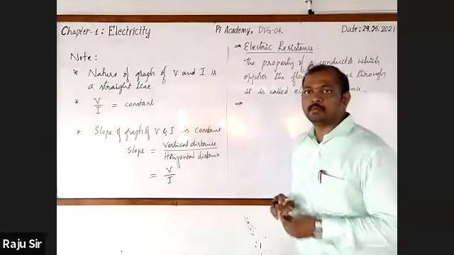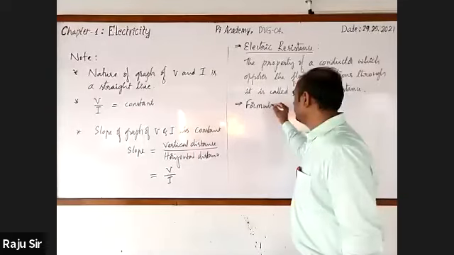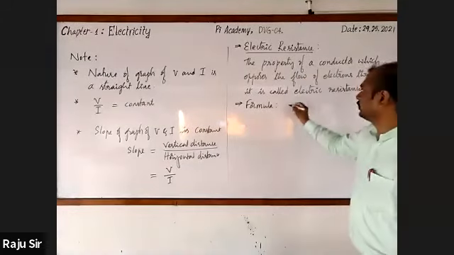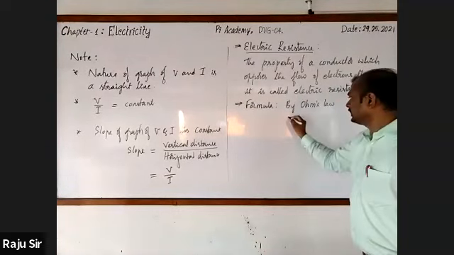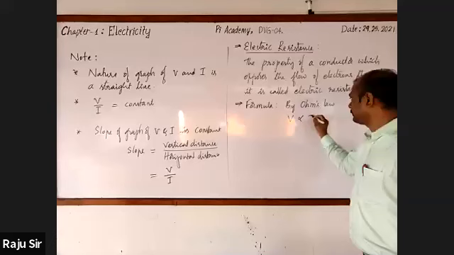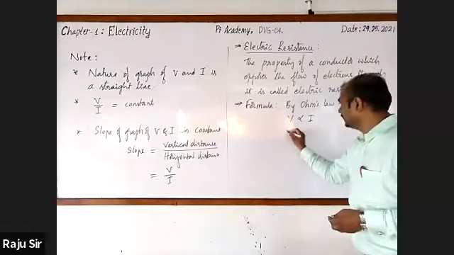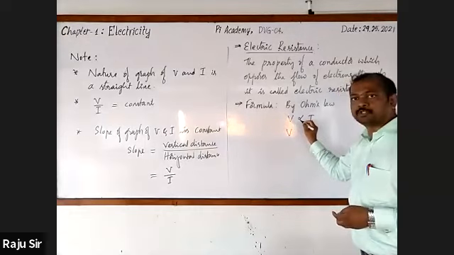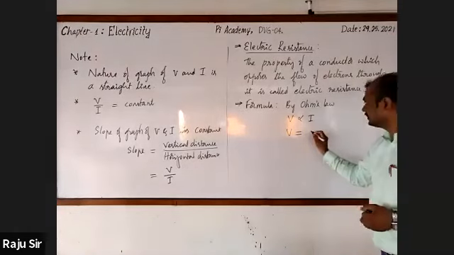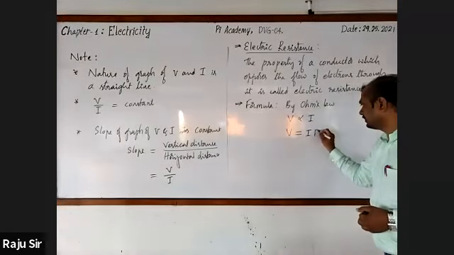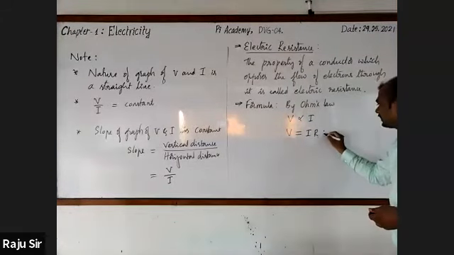Now, let me give you the formula to find out electric resistance. To get that formula, let's use Ohm's law. By Ohm's law, we know that V is directly proportional to I at constant temperature. Then we remove the proportionality. To do that, we assume the proportionality constant, that is R. And we call this proportionality constant electric resistance.